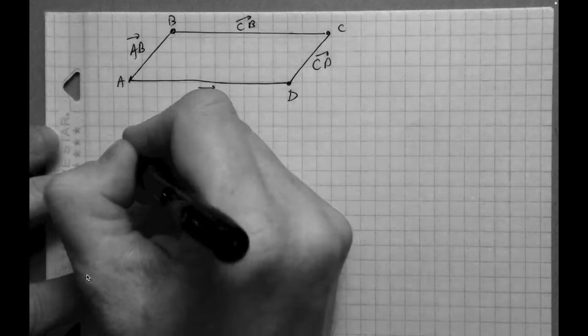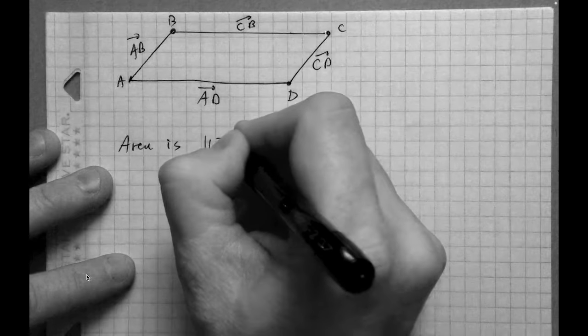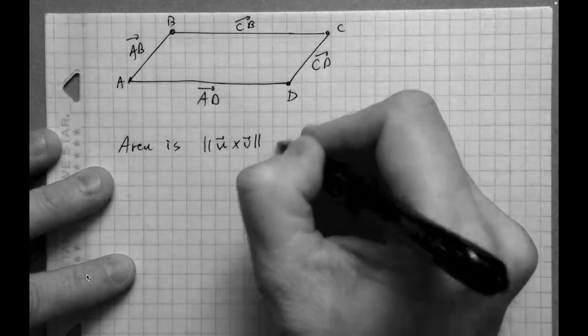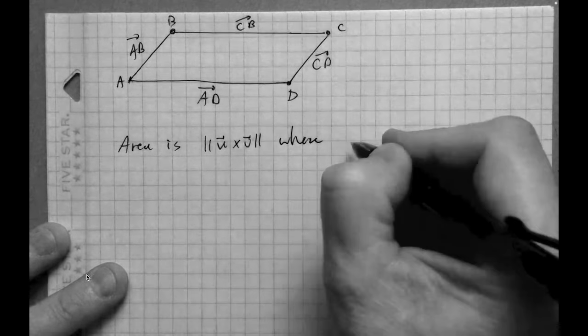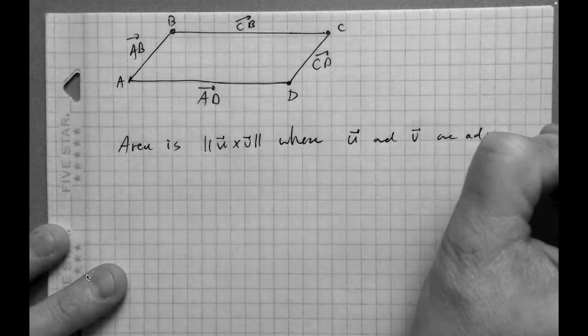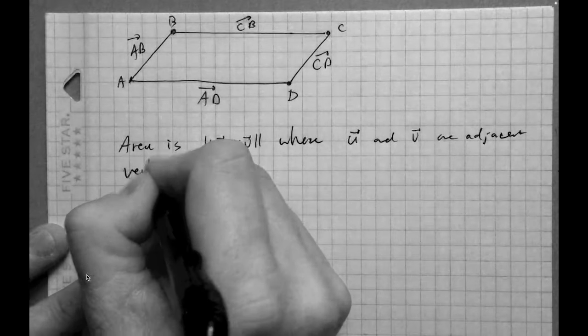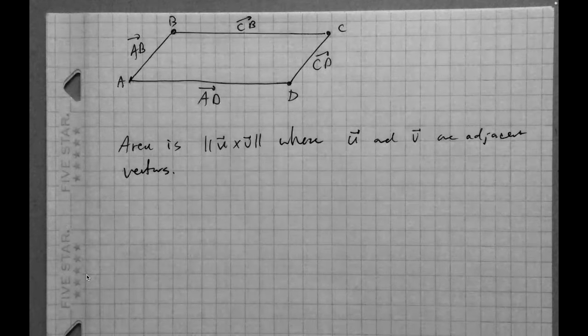Well, remember the area is the norm of u cross v, where u and v are adjacent vectors, meaning they share a vertex. That's what adjacent means.